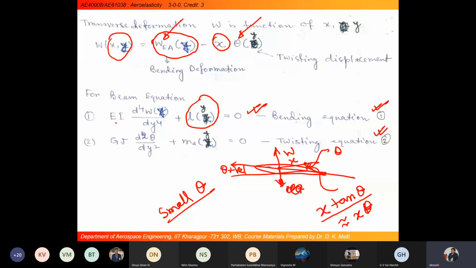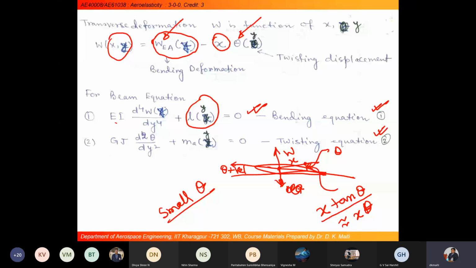From here, at any distance, it will be with the minus sign, minus x into theta into y. That means towards the trailing edge we will have less bending deflection, whereas towards the front side of the aerofoil section it will be higher, because there x will have a negative value.